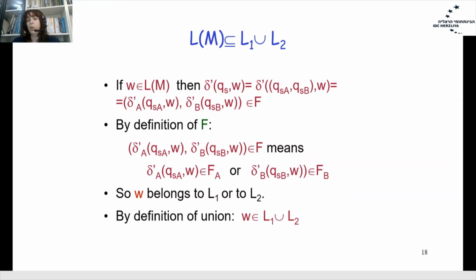By definition of union, the word W belongs to L1 union L2. We have now finished the second direction of inclusion, so we know that LM actually equals L1 union L2.